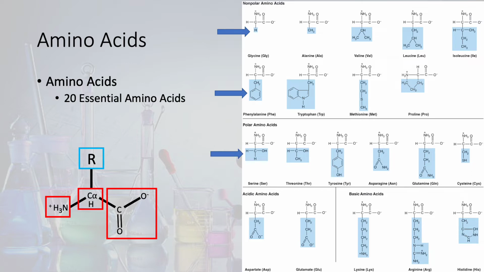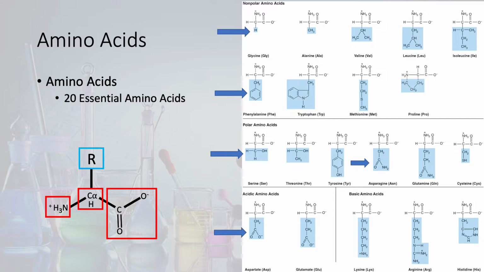Down here, serine has a methanol group, or just an alcohol attached to a single carbon. Over here on asparagine, we have an amide as our R group. And down in our bottom left, we have a carboxylic acid group attached for aspartate.